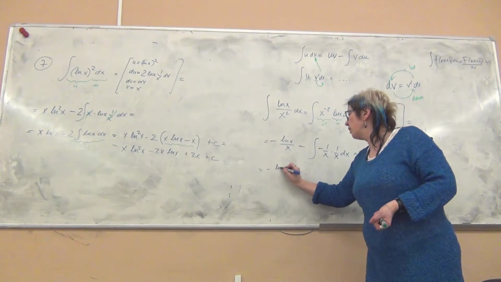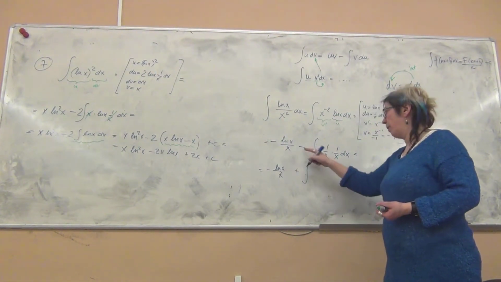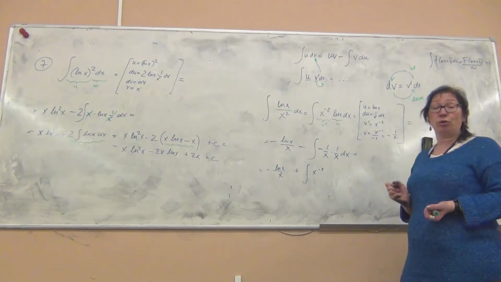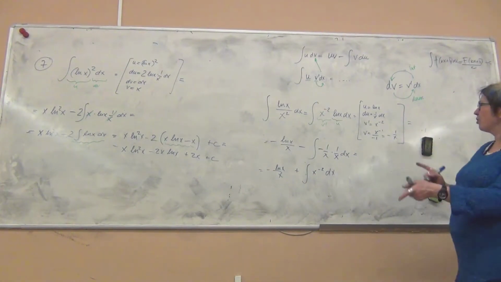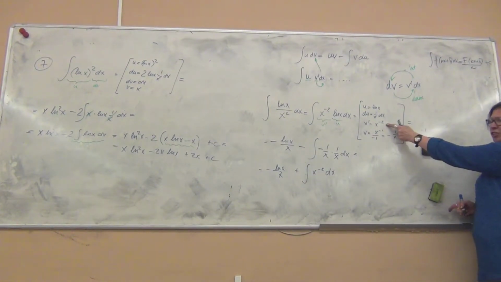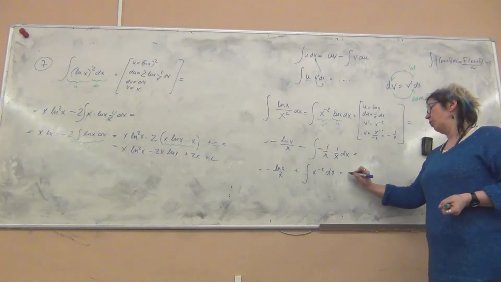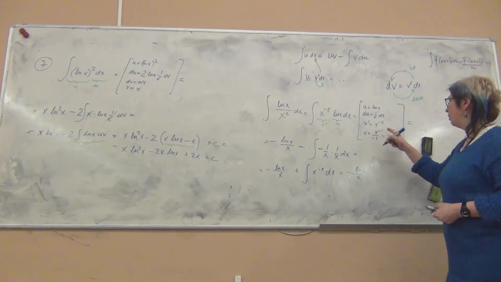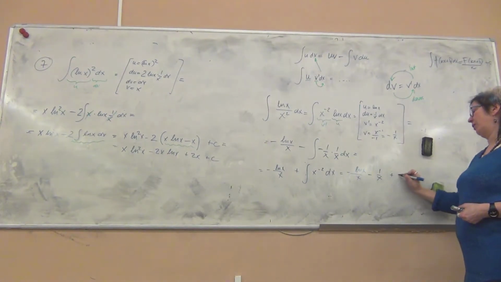So it's minus ln x over x plus integral of minus minus, that's plus, x to the power minus 2 dx. We just did integrate x to the power minus 2, so we know what to write now. So it's minus ln x over x, minus 1 over x plus c.